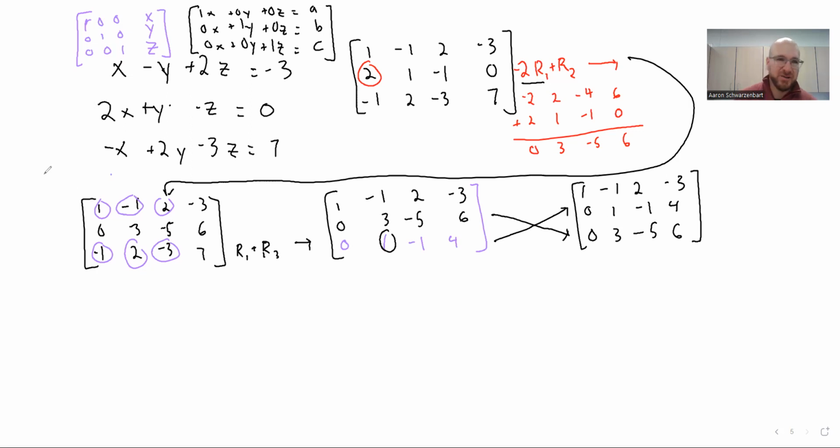So now the next part I need to do, get this to a 0. Again, I better use R2 and R3 because of the zeros in these spots. If I use a 1, I might change one of those zeros into something not a 0. So I'm going to do -3 R2 plus R3.